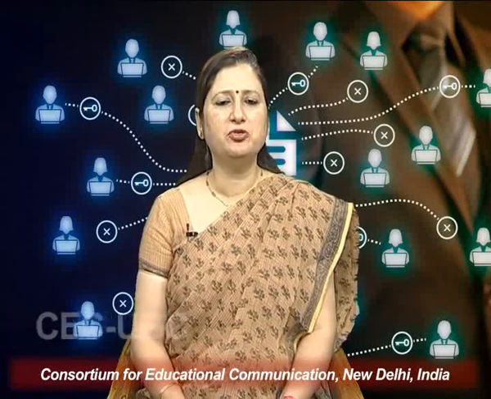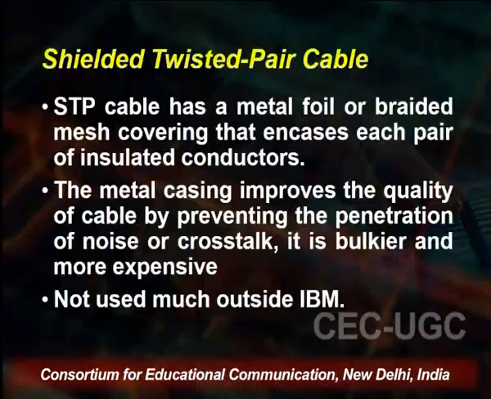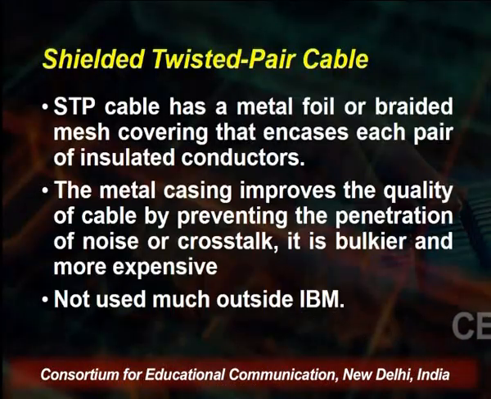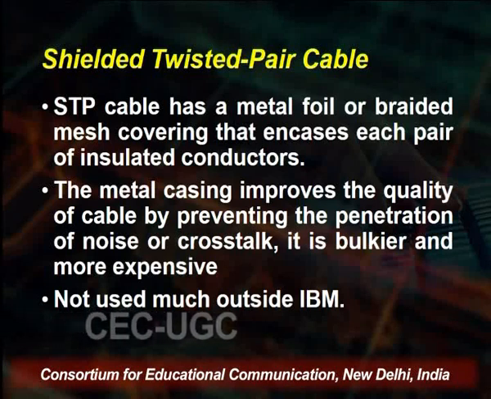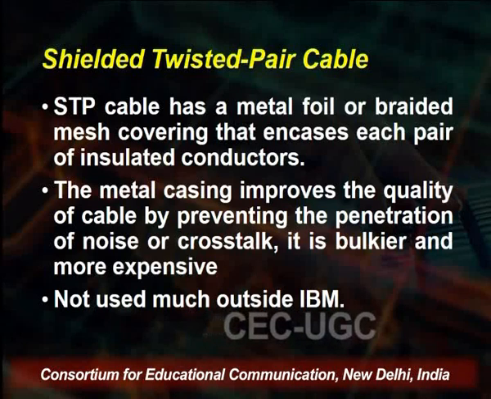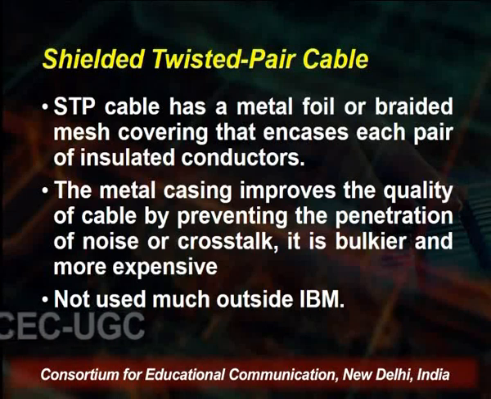So the metal casing further improves the quality of the cable by preventing penetration of noise or crosstalk, but it also makes the wire bulkier and expensive because we are adding one more layer. So this shielded twisted pair is not used much outside IBM because they are the ones who started this also, and they are only using it.